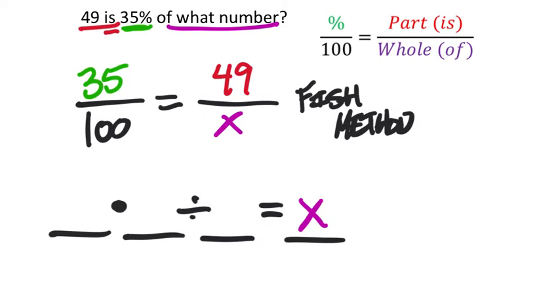With fish method, you always start where the variable is, or the unknown. And in this case, we're starting with x. So I'm going to put a dot there with the x. That's where I'm starting.